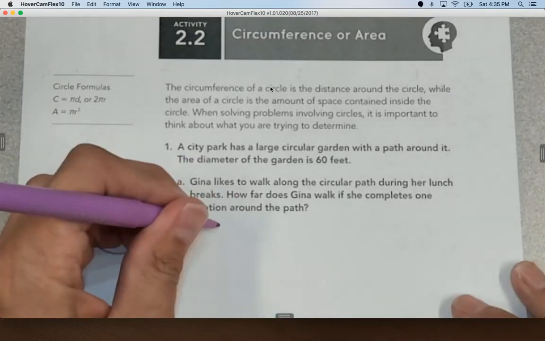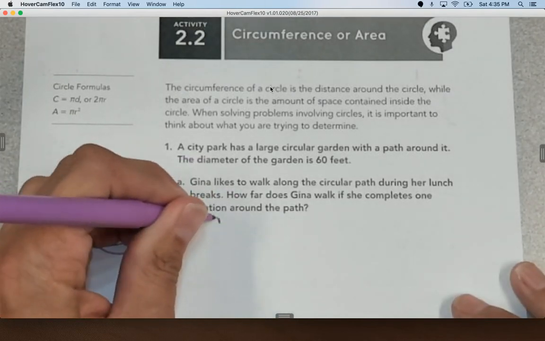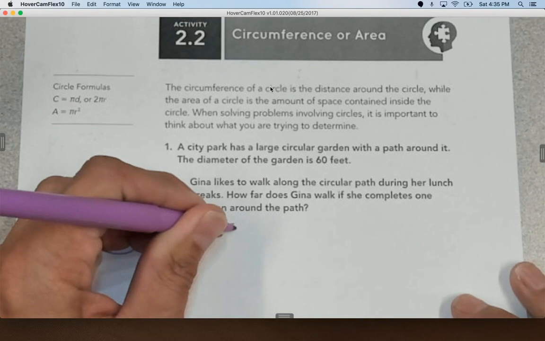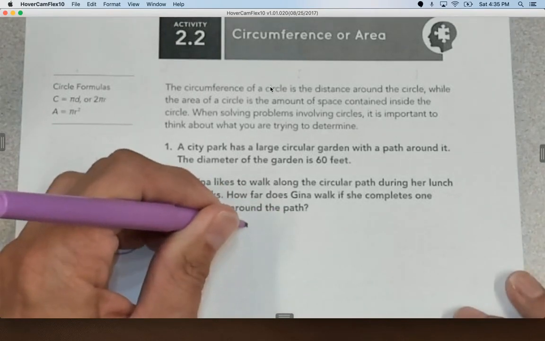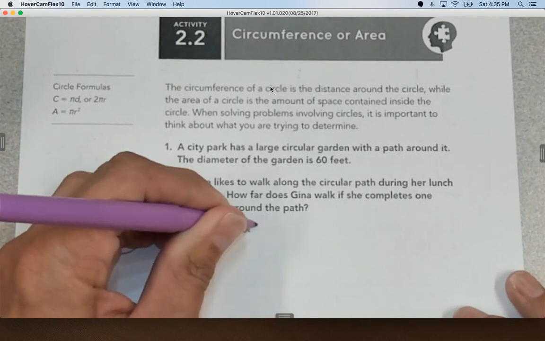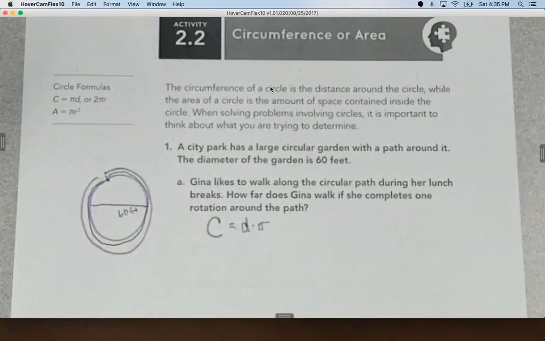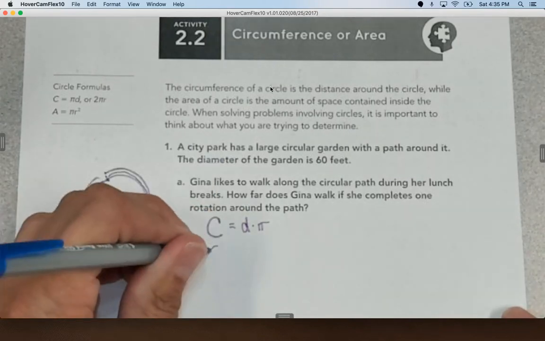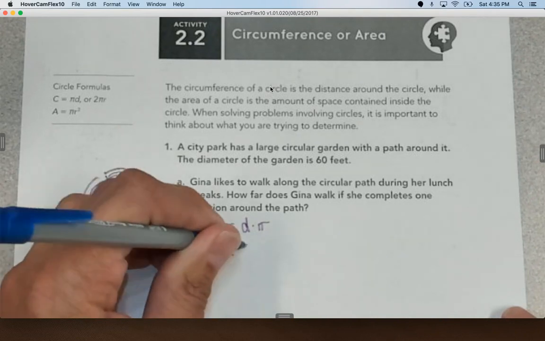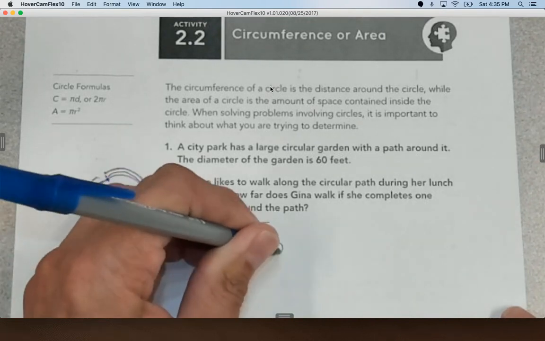And so perimeter for circles is going to be circumference being equal to diameter times pi, or pi times diameter. The commutative property of multiplication says I can flip those two around. We're given the diameter of 60 feet, so the circumference is going to be equal to 60 times 3.14.